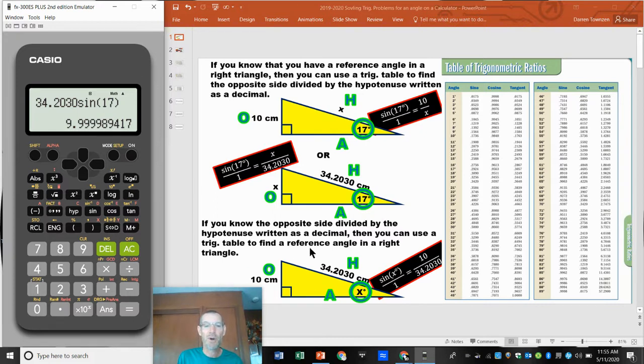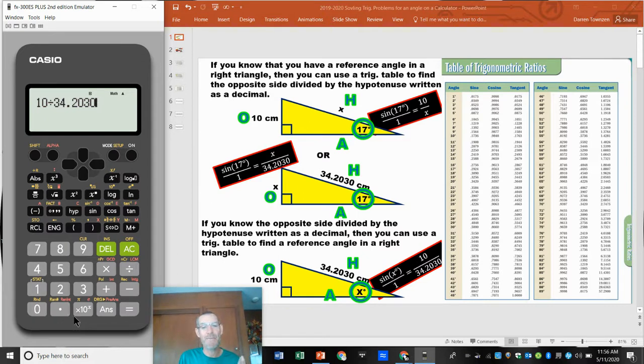So on this problem right here, it's the same triangle. There's our opposite, which is 10. There's our hypotenuse, which is 34.2030. And if I change the opposite over hypotenuse to a decimal, I'm going to clear, and I'm just going to take my opposite, 10, divided by my hypotenuse, which is 34.2030.